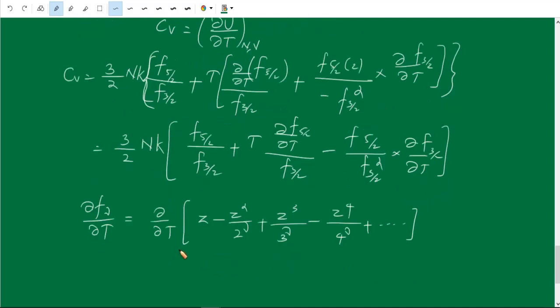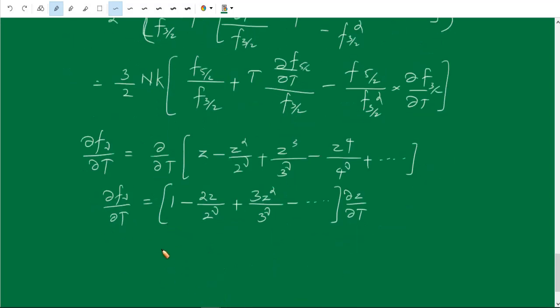Okay, so we can differentiate this thing, so this will be 1 minus 2z divided by 2 raised to nu dou z by dou T. Dou z by dou T we can take outside, into dou z by dou T. So this is the dou f nu divided by dou T.